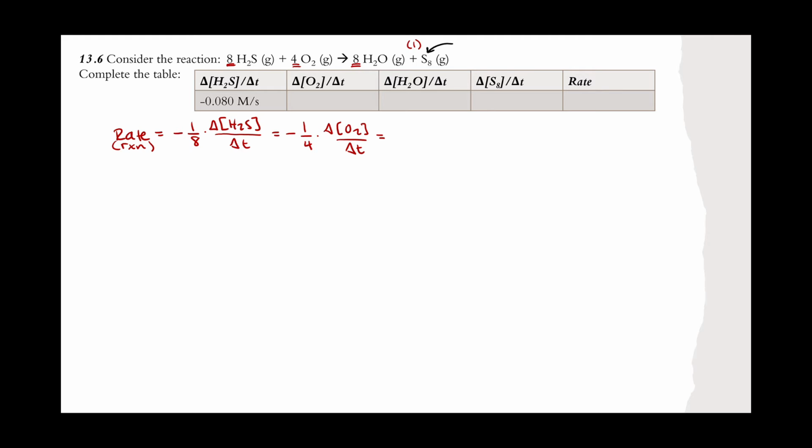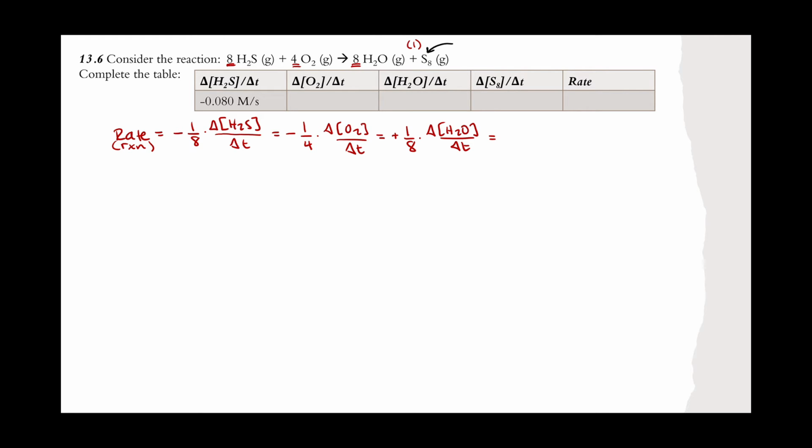Next we'll move to the water vapor. That's going to be positive. Products have a positive rate. You don't have to write the positive sign, I am just for sake of clarity here. And that'll be 1 divided by 8 times the change in concentration over change in time.